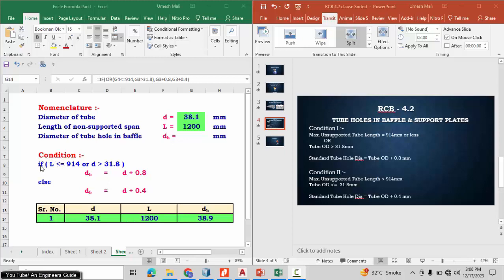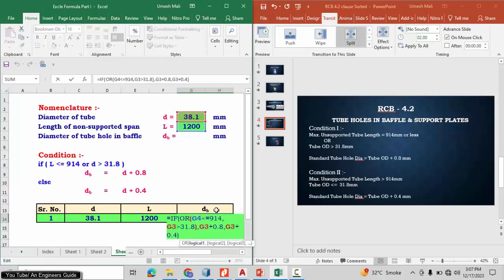Condition 1 is if L is less than or equal to 914 or D is greater than 31.8, in this case your dB will be D plus 0.8. dB is nothing but the diameter of tube hole in baffle. If that condition is not satisfied, then else you have to take the diameter of tube hole equal to D plus 0.4. Here I have written that formula. From here you can see that formula.